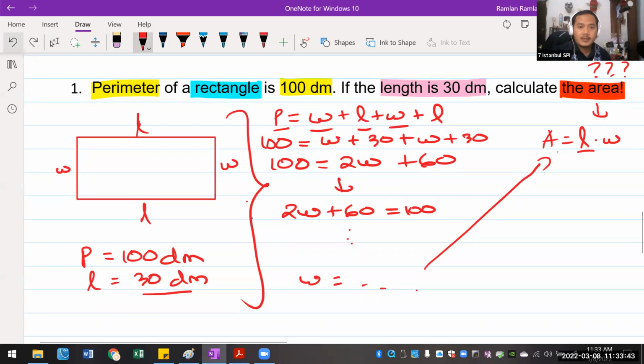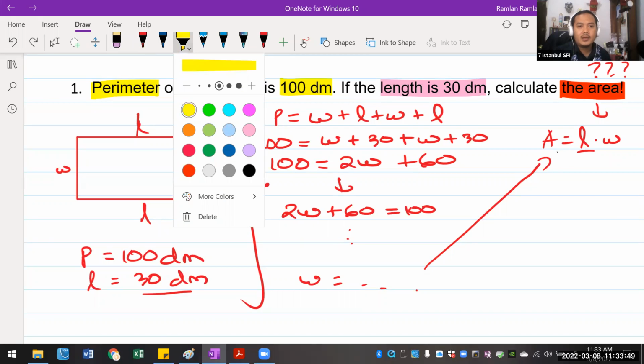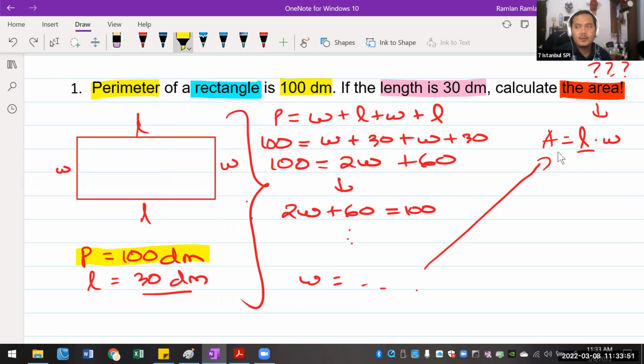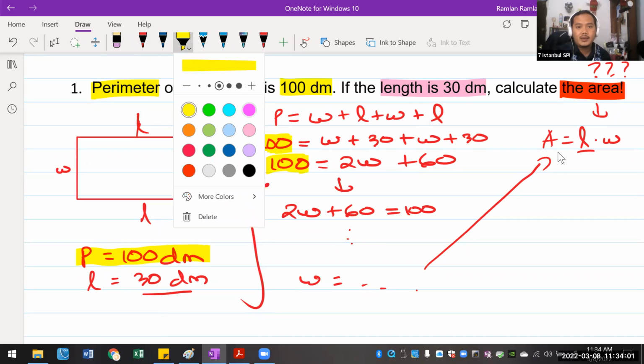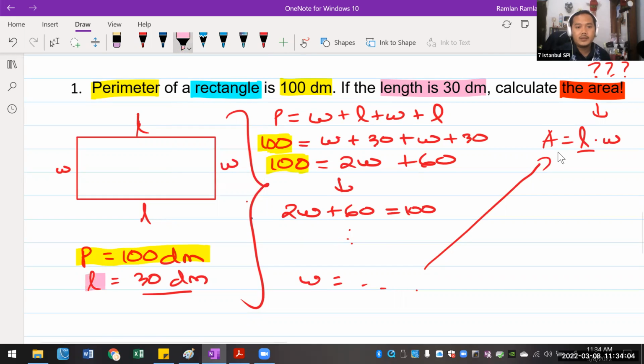The second one is that we know we have the value of P and L, right? I'm going to highlight that maybe. Okay, this is the P, right? So which means that that is going to be here, exactly below the P. And then we know that we have a length of 30. So the length is equal to 30.